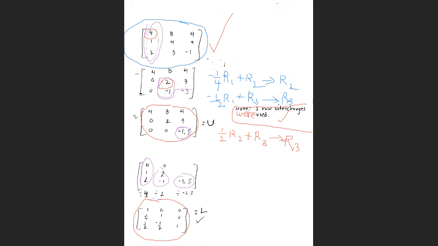Excellent. Okay, so now this matrix U here, this matrix L, and the matrix P on the previous page, that permutation matrix, are going to show up when you do your LU factorization.